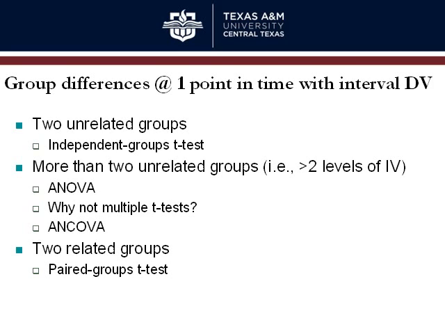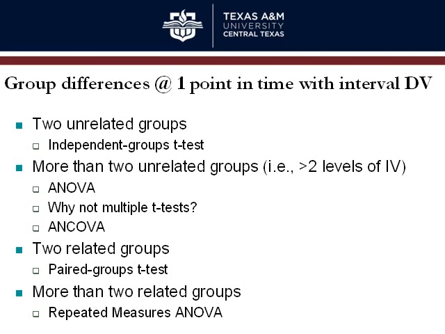To do that, you'd use a paired groups t-test, also sometimes called dependent groups t-test. If you had more than two related groups, which other than repeated measures designs across time is rare, but could be, you would just use a repeated measures analysis of variance or repeated measures ANOVA.